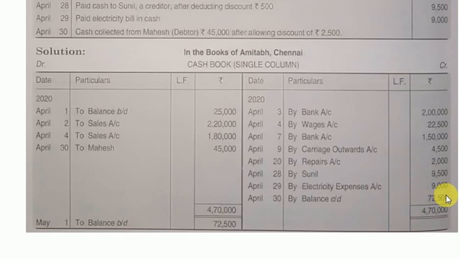This will be recorded on the credit side of the cash book, and after the completion of this month, this balance is transferred to the next month, that means on May 1st, with an entry of to balance brought down 72,500.